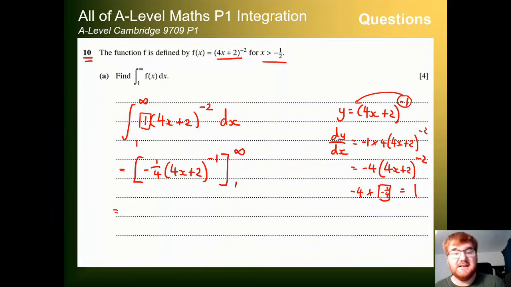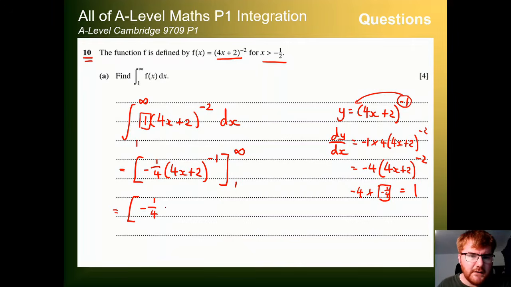And even though the infinity seems like, oh God, what's going on here? Let me just rewrite this slightly before we look at this. Notice this is the same as writing minus a quarter multiplied by 1 over 4x plus 2. This is just another way of writing to the power of minus 1, which will help us when we actually work this out.